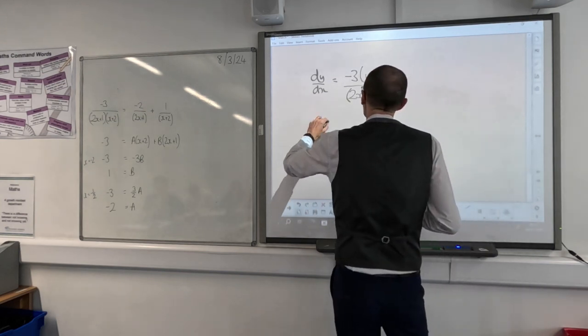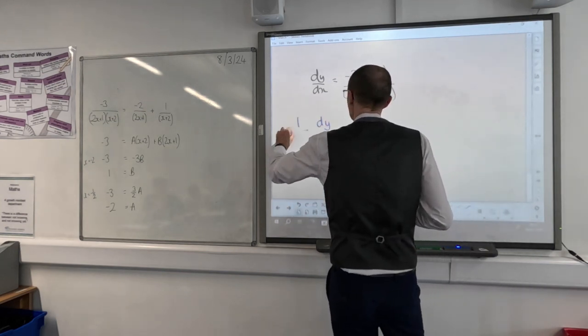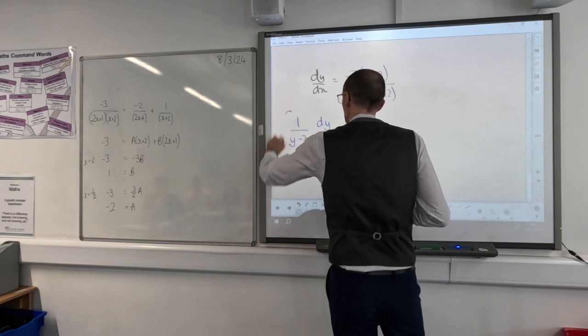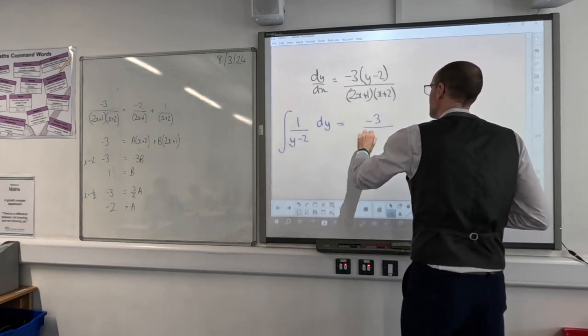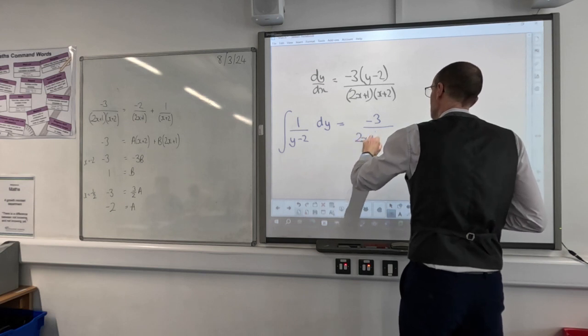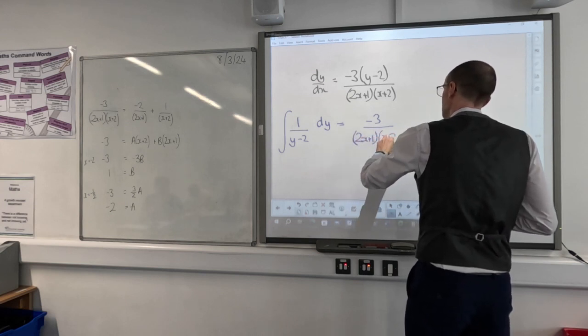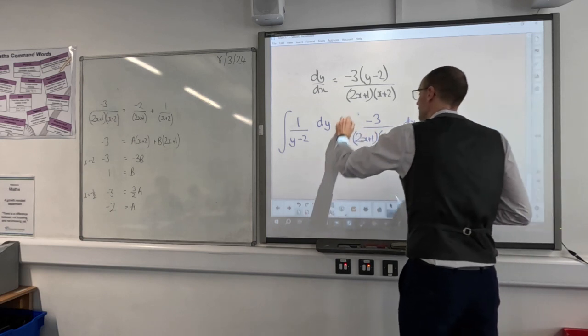So when I separate my variables, I'm going to divide by my y minus 2, and then leave it like that.